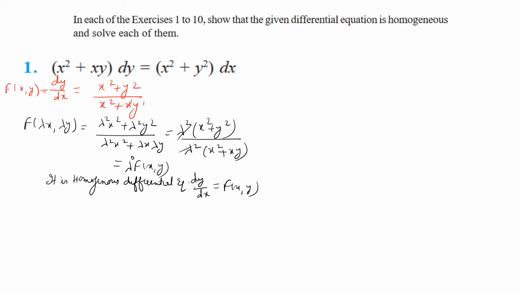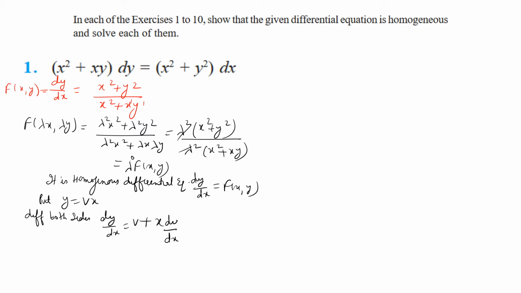So for this, what do we substitute? We put y is equal to vx. Now differentiating both sides, dy by dx is equal to v plus x dv by dx, because d/dx of x is 1.